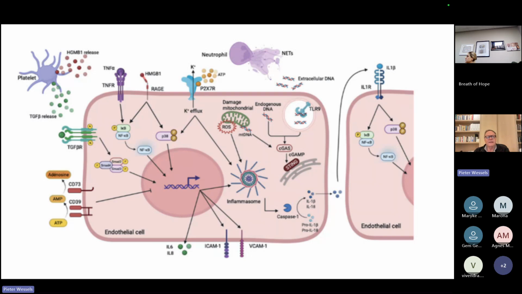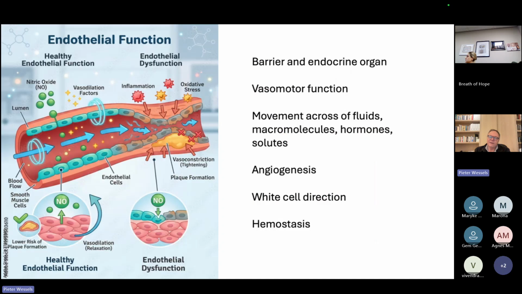That's an endothelial cell, and here you can see an activated platelet, and it's got TGF beta release, all these interleukins and DAMPs, and those can activate your endothelial cell, and the endothelial cell then changes its whole structure, and there you can see it puts out the ECAMs, the VCAMs, and the endothelial cell then further sends out messengers, IL-6 and IL-8. So we can go into depth, but it's ridiculous.